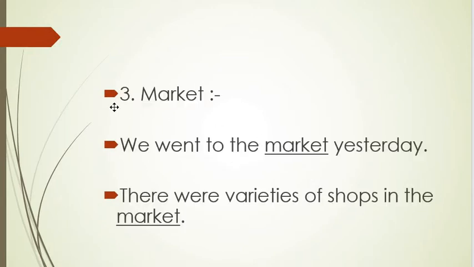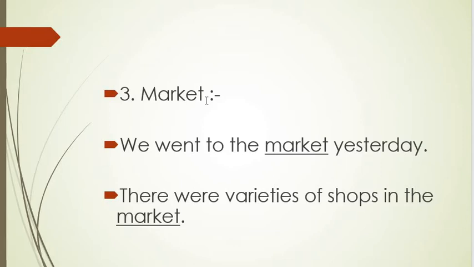Moving on, the third make sentence word is market, on which you have to make the sentence. Market, you might have visited the market, isn't it? With your father, with your mother, with your elder brother or sisters. So market means the place where you get everything, correct?